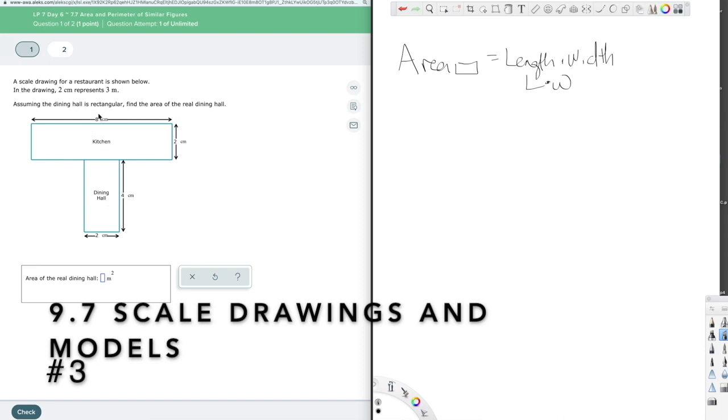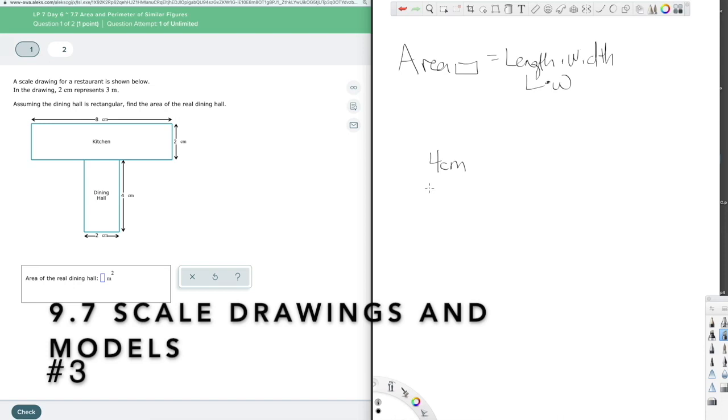All I'm going to do is focus on the dining hall here. So I know that the length of the dining hall, or the depth, I guess you could call it, is 4 centimeters. And the width is 2 centimeters. So we want to go through and we want to start writing some ratios here.